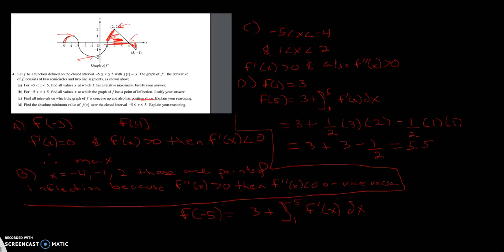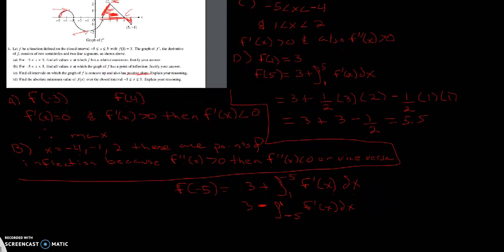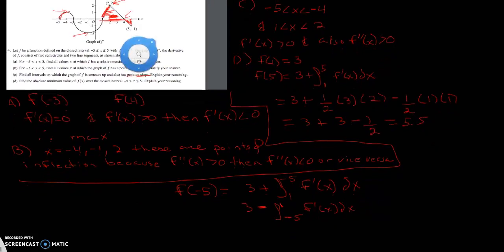Okay, now we have to fix these boundaries because the boundaries are all messed up. So I'm going to subtract it, put the -5 here, put the 1 here, put f prime of x dx, which is now going to equal, let me move this a little bit so I can still see.